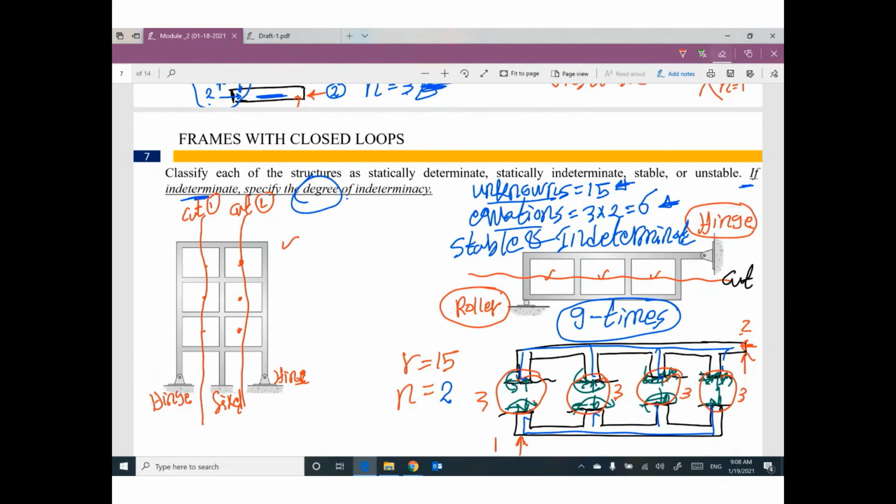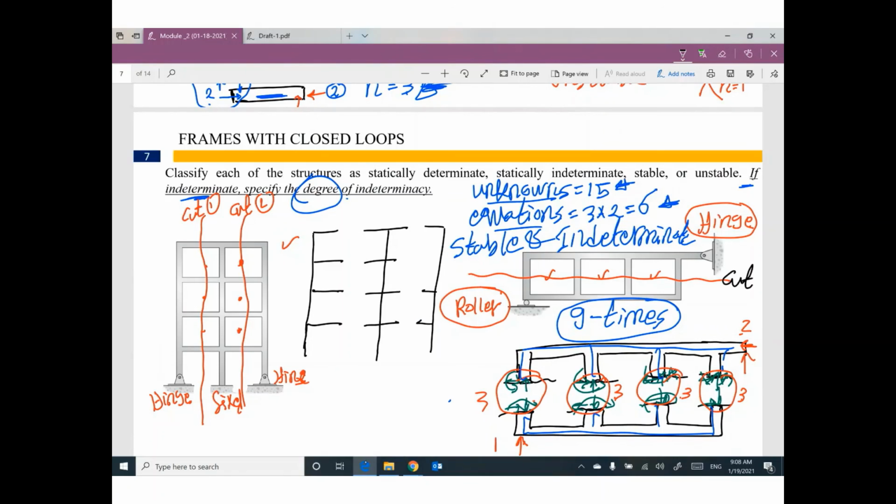If you do these cuts, we will have this part, and this part, and this part. How many reactions? 2. How many reactions? 3. How many reactions? 2.